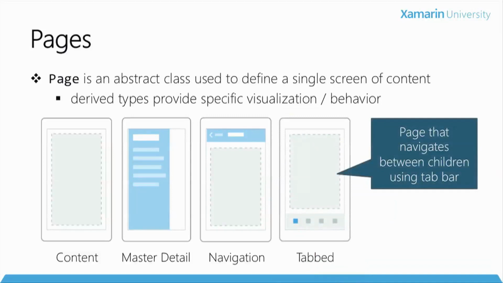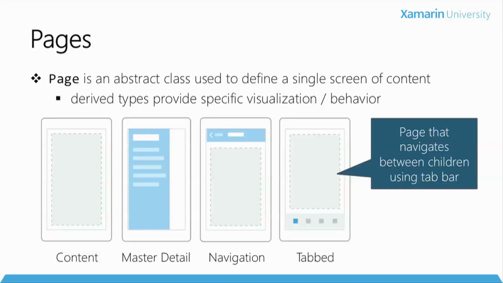And of course, we also have a tabbed page in Xamarin.Forms for utility or tools applications where each screen is equally important. You want to use this kind of page. Again, you add multiple pages to a tabbed page, and the user can then flip through these pages by pressing the tab buttons at the bottom of the screen on iOS or at the top of the screen on Android.